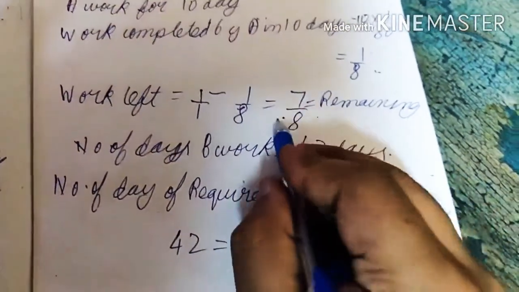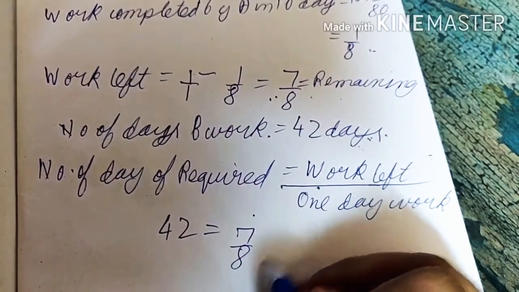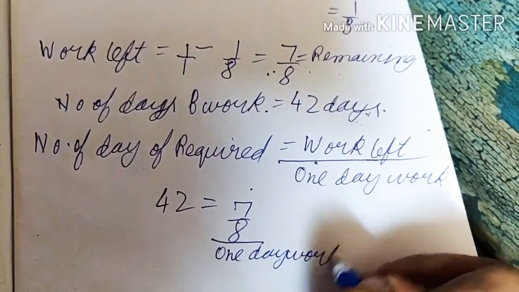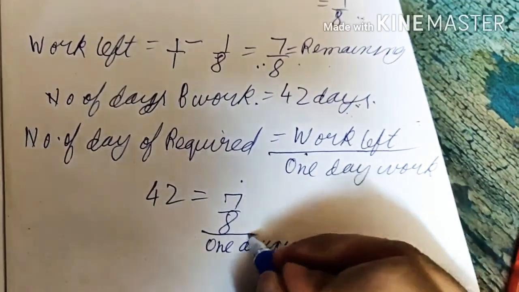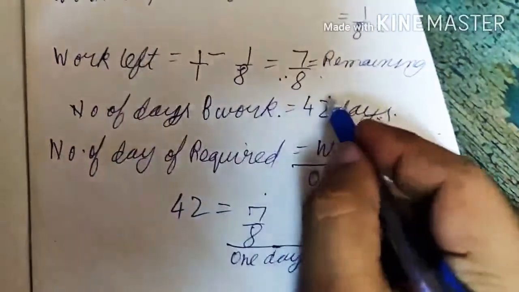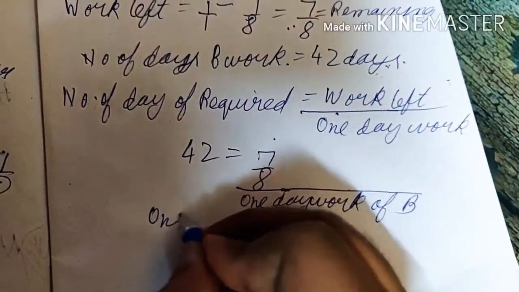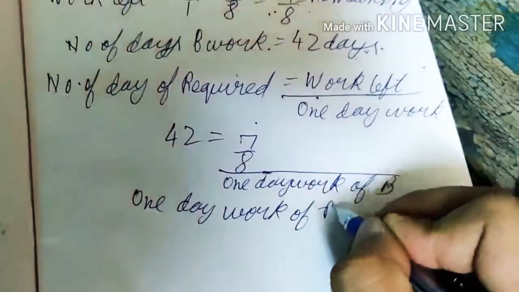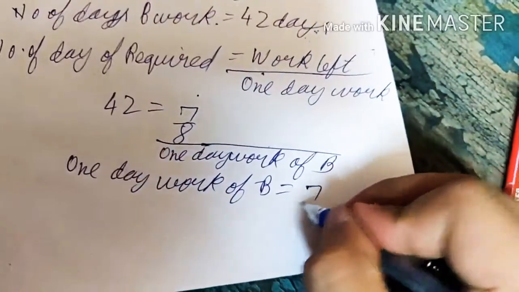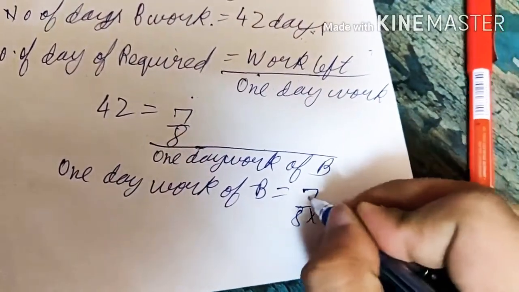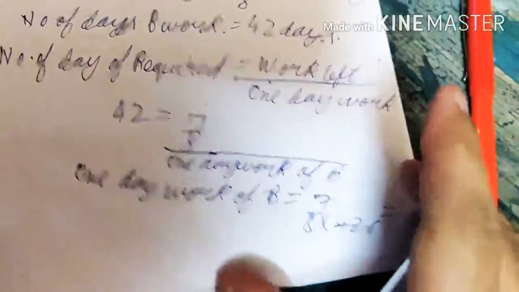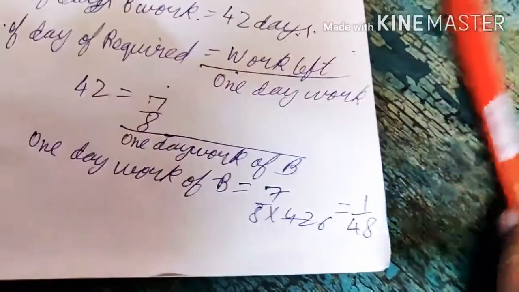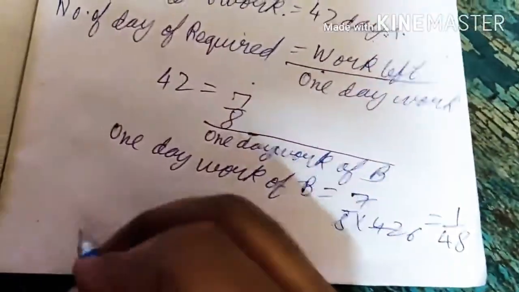Work left was 7 by 8, and then upon 1 day work of B. This whole thing is for B. So 1 day work of B is equal to 7 by 8 divided by 42. That is 1 by 48. Okay. So 1 day work of B is 1 by 48.